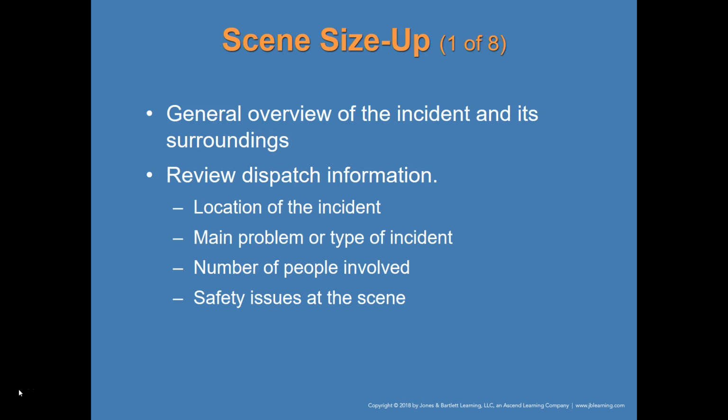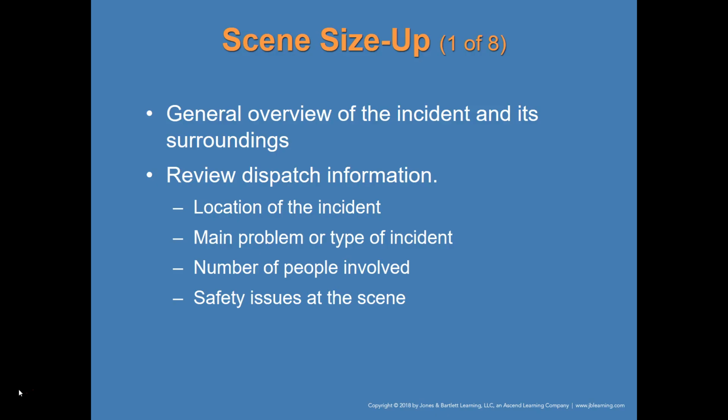It begins really with our dispatch information. It's going to give us our location, the main problem or type of incident, an idea of the number of people involved, and any safety issues that might be going on at the scene. It's important to remember that dispatch isn't always going to get the most accurate of information. You have an accident that just happened.